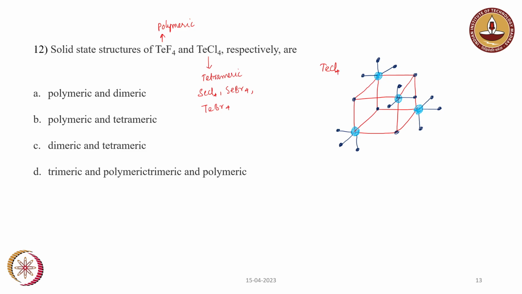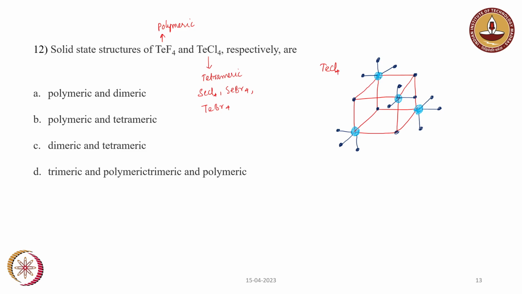So first, if we consider this tellurium, the adjacent corners are occupied with chlorine. If we extend this edge towards the left side, the next chlorine will be present here, and another will be here. And if we extend this edge to the back side, the next chlorine will be present here. And if we extend this edge to the top, this will be the adjacent chlorine.